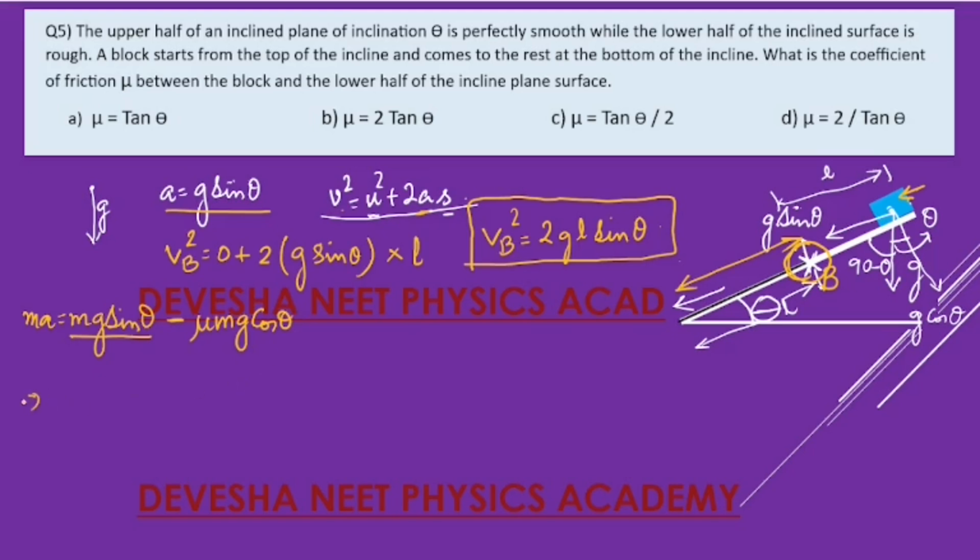So the acceleration is g sine theta minus mu g cos theta when the friction is there, and g sine theta when friction is not there.